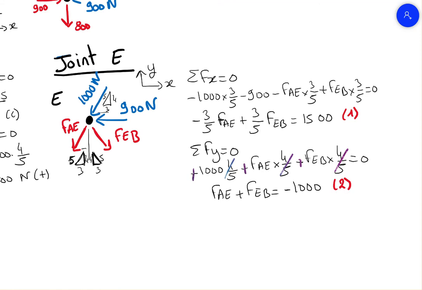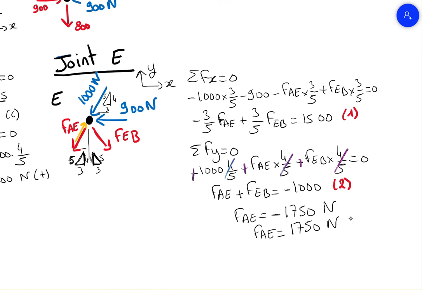Okay, and when you solve, we find FAE. FAE is equal to minus 1750 Newton. So it means that FAE, in fact, is going in the other direction. So it should be written this way. So it means that FAE is equal to 1750 Newton.